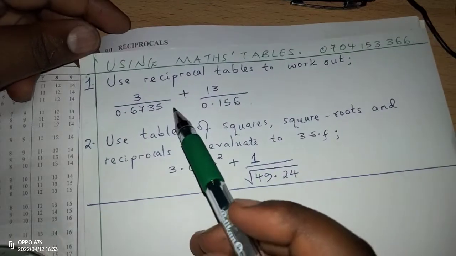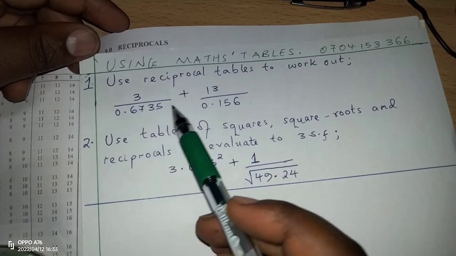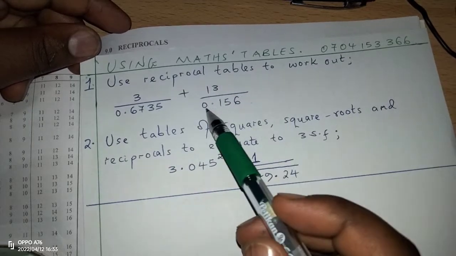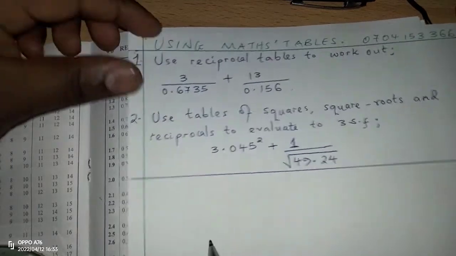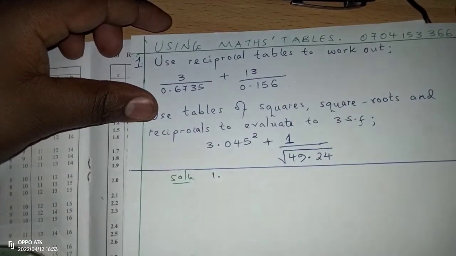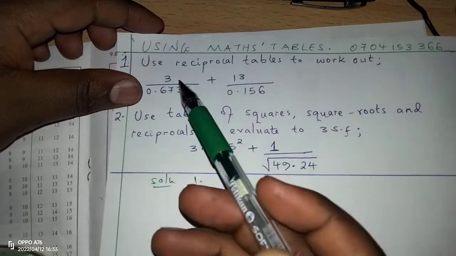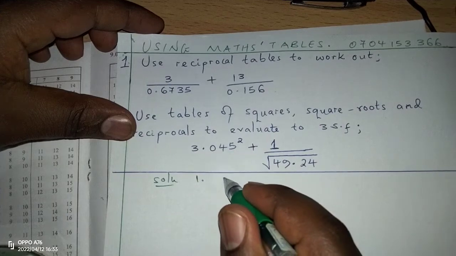So we have a question here which says 3 divided by 0.6735 plus 13 divided by 0.156. So to use reciprocal tables, this is number 1. We factor out the number in the numerator, so that we say this is 3.